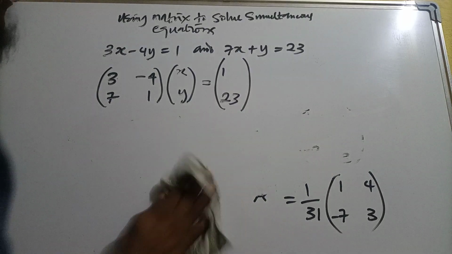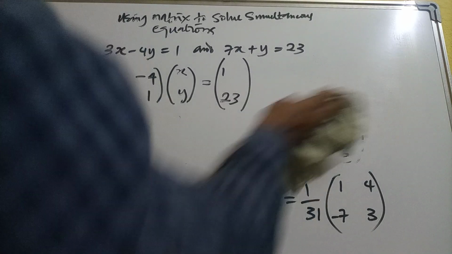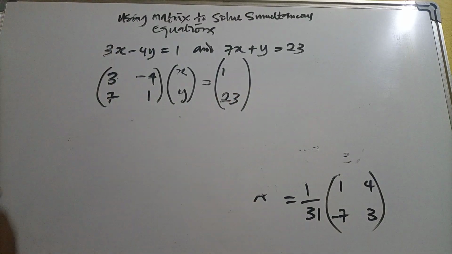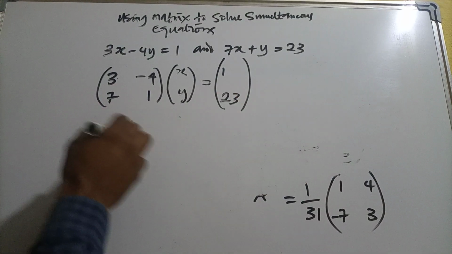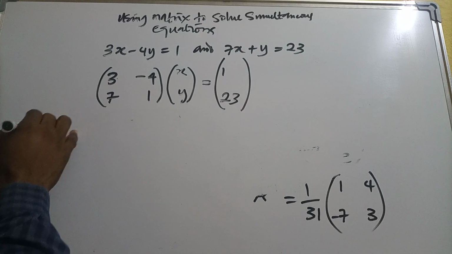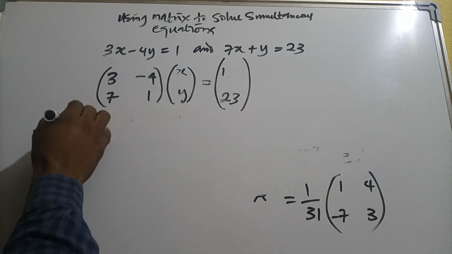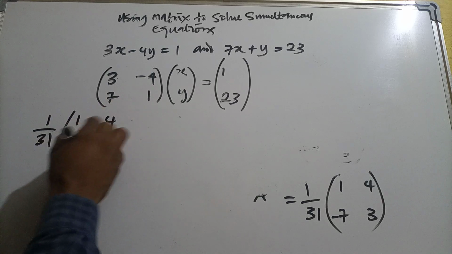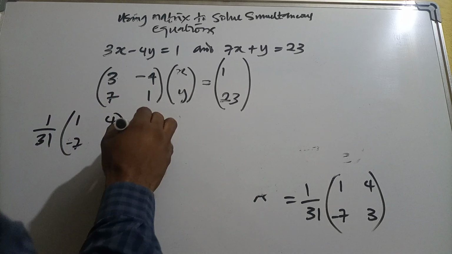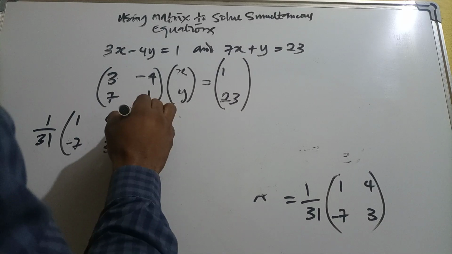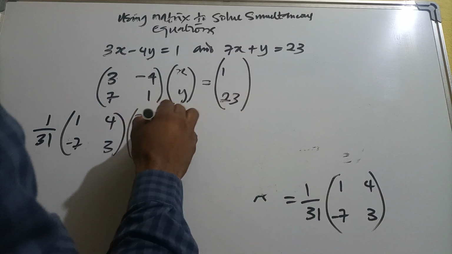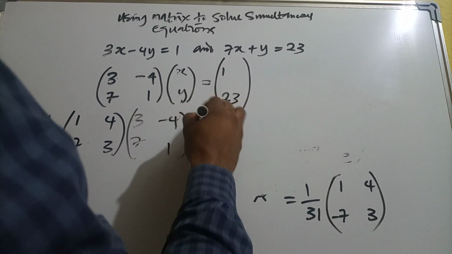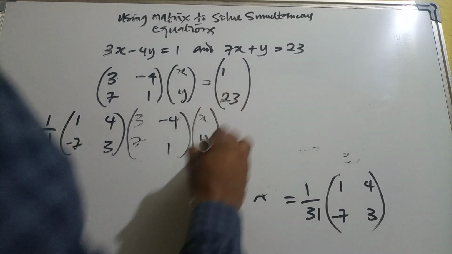So I am going to use this inverse to multiply both sides. It is going to be 1 over 31 times the matrix 1, 4, minus 7, 3, times the matrix itself, 3, minus 4, 7, 1, then times x, y.